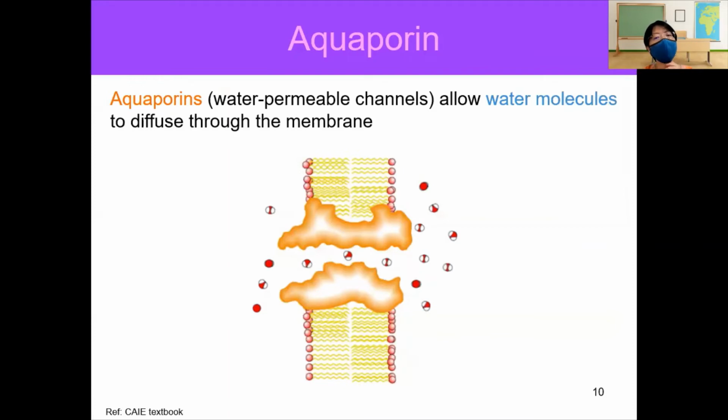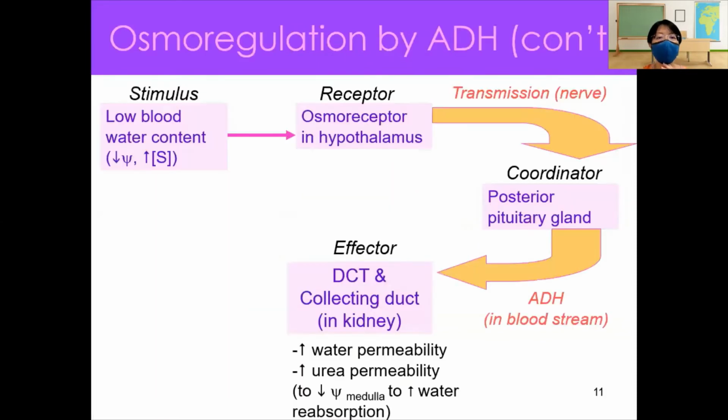So this picture shows you an aquaporin, where water can diffuse across the aquaporin. So now we know that ADH will cause DCT and collecting duct to increase in water permeability by adding the vesicle containing aquaporin to the luminal membrane, and also to increase urea permeability in order to reduce water potential in the medulla.